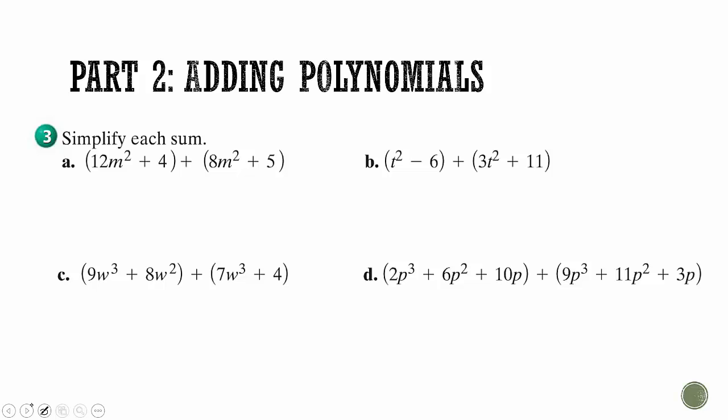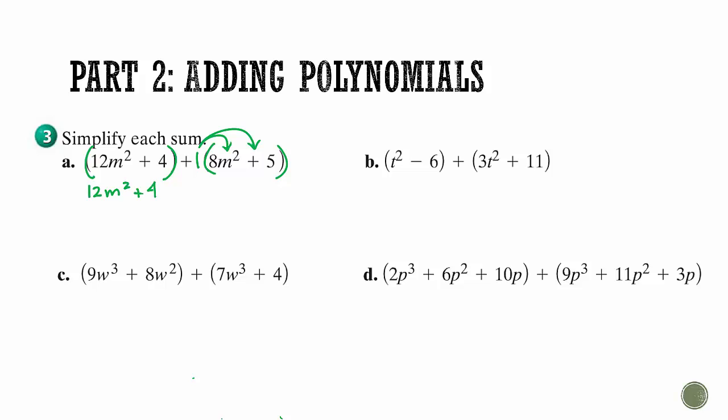So now let's get to the adding and subtracting stuff. Simplify each sum. Basically all we're doing here is combining like terms. The parentheses only purpose is to show you that this is one polynomial and this is another polynomial. When we're adding this, there's really a positive 1 right here, but we know if we multiply a positive 1 here, nothing changes.